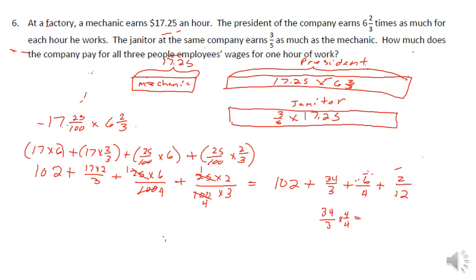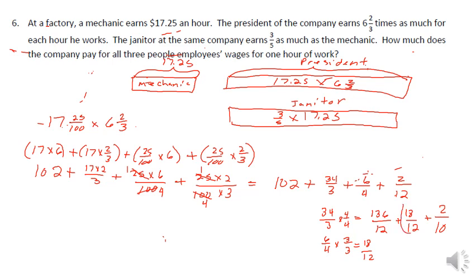And that's going to give me 4 times 4 is 16, 4 times 30 is 120. So it's going to be 136/12. The next one is 6/4. We can do that by multiplying by 3/3, which is going to give me 18/12. So that's plus 18/12. And then we have 2/12.